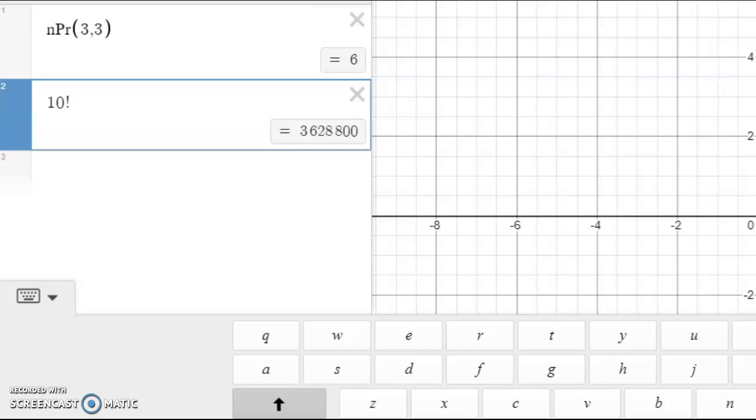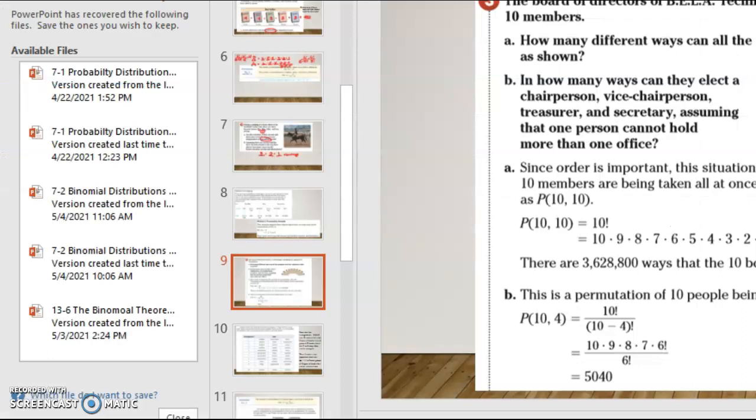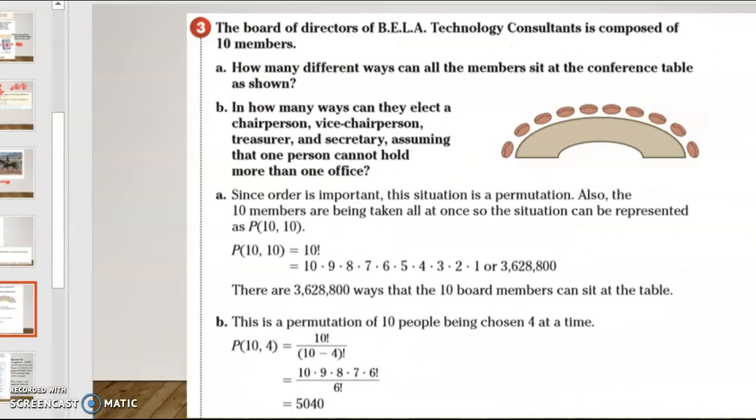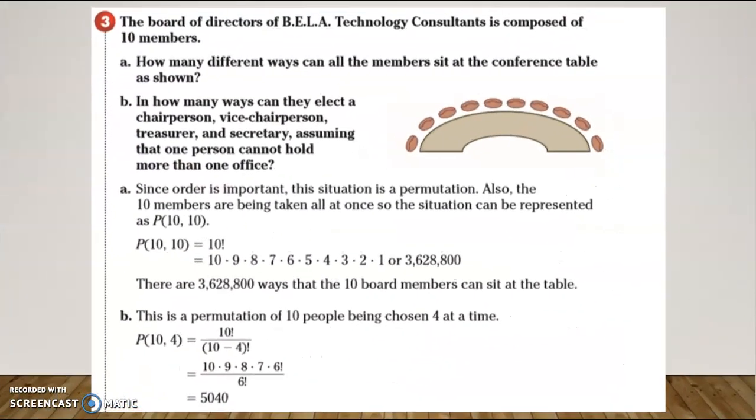So we'll let you type it in, or you can put it in on the keyboard that they give you. All right. So you have the 3 million plus ways.